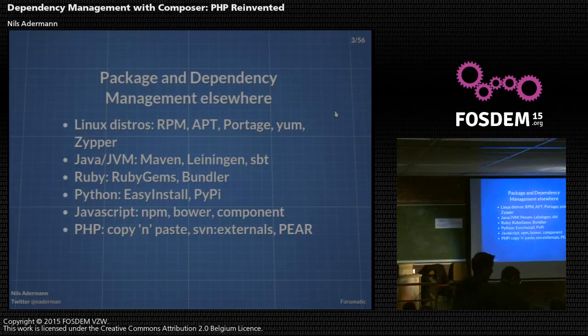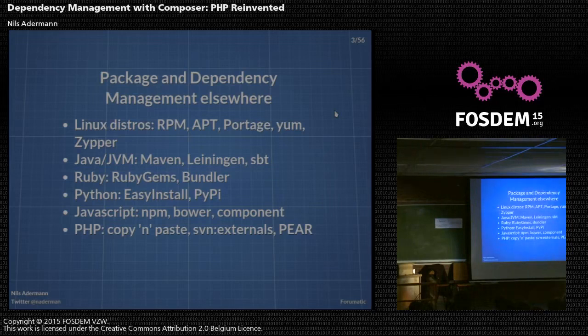And for a long time, PHP had a couple of not quite so fun tools to do similar things. I guess the oldest one of these, I've listed copy and paste there literally, because that used to be for a very long time a way that people would actually install libraries into their project. Download the zip file, stick it in there somewhere.